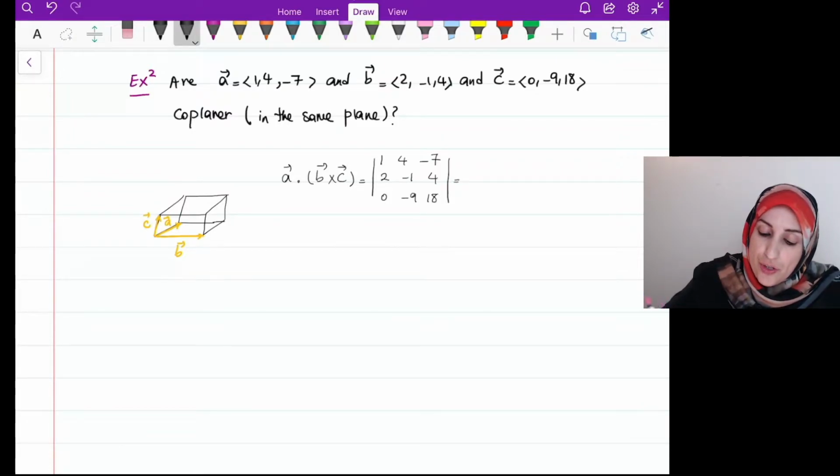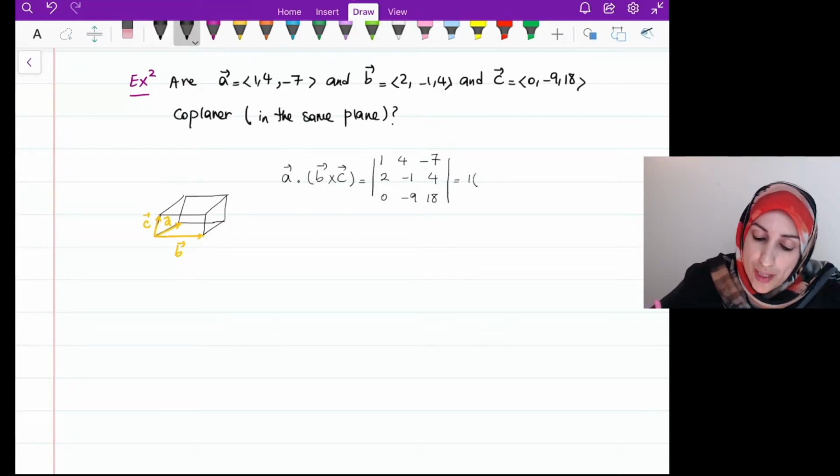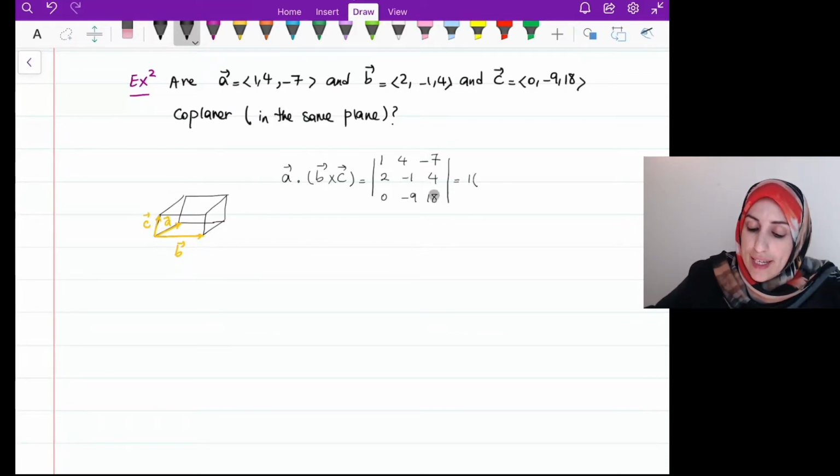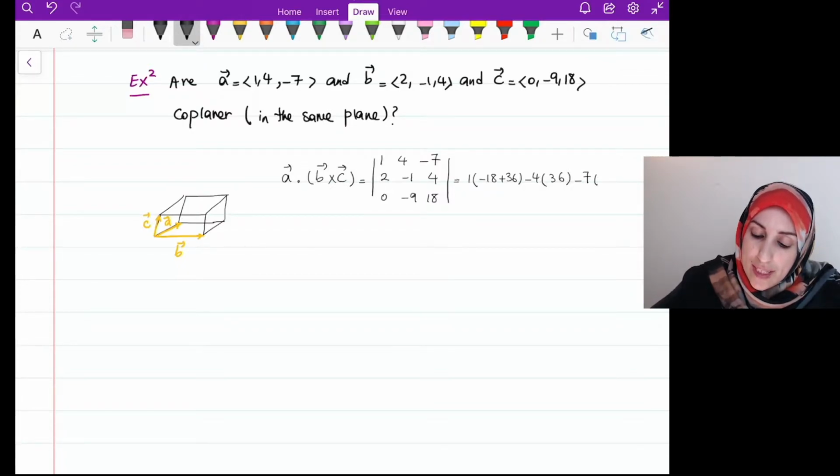If you find this determinant, it would be 1 times negative 18 plus 36, minus 4 times 36, and then minus 7 times negative 18, and this is 0.